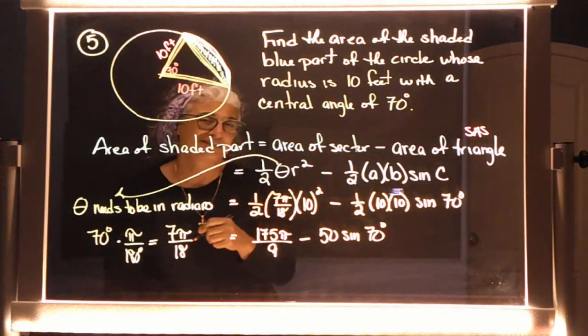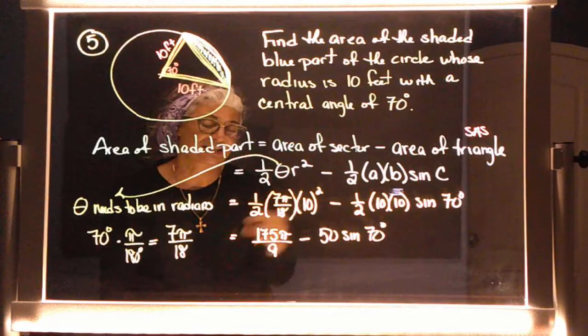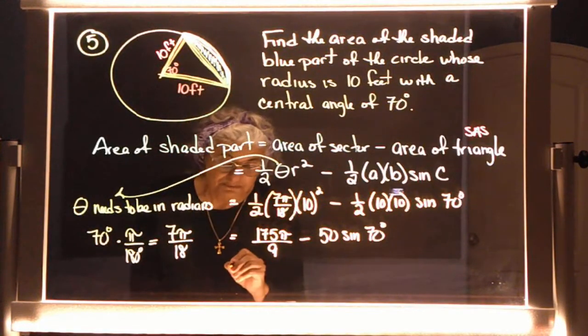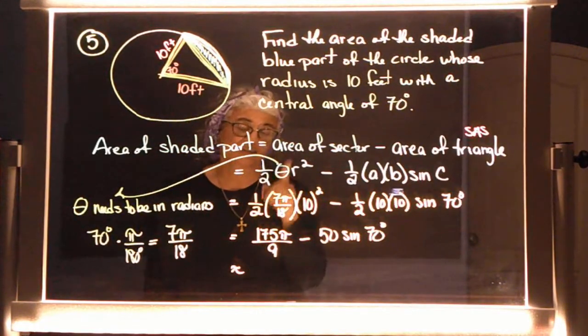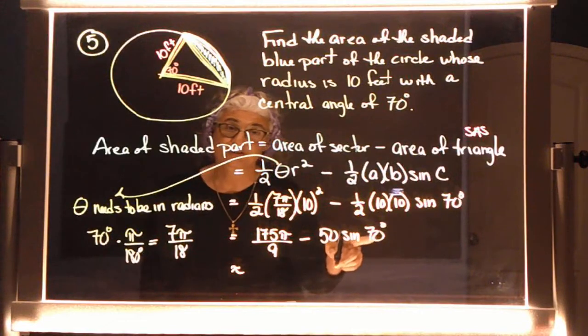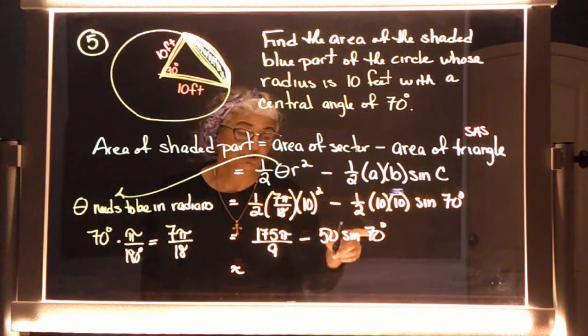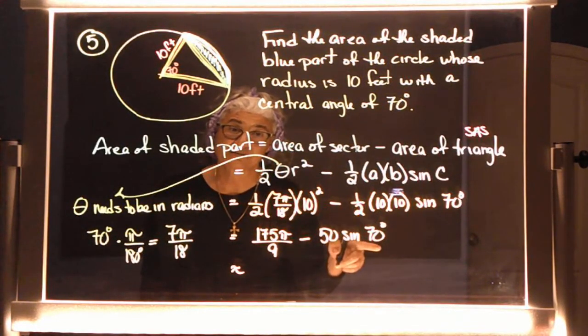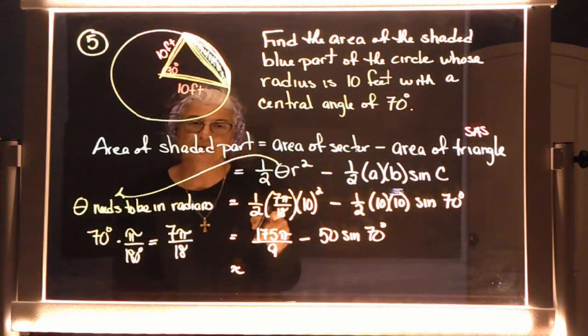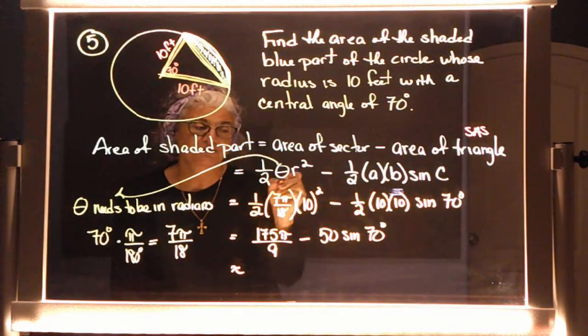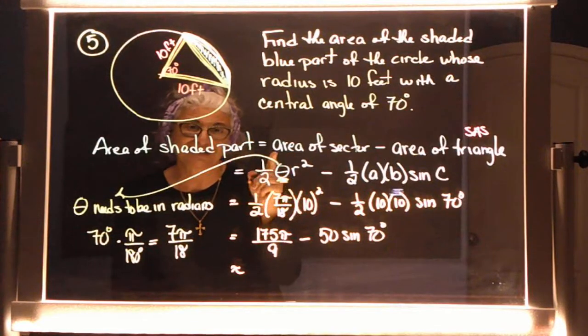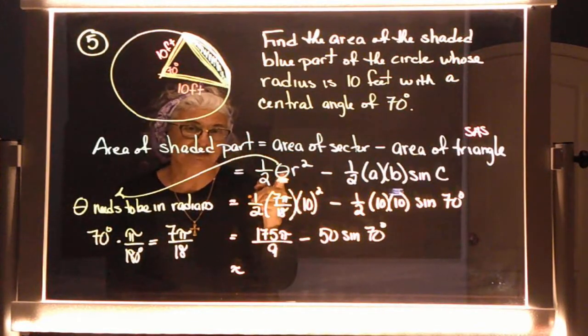I usually like to try to simplify first if I can before I start calculator punching. So the only thing you have to be cautious of here is that your calculator is in degree mode, because you're taking the sine of a degree. You're like, yeah, but this was a radian. That's true. You had to convert theta into radians.